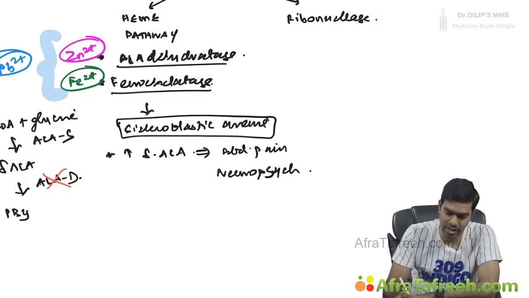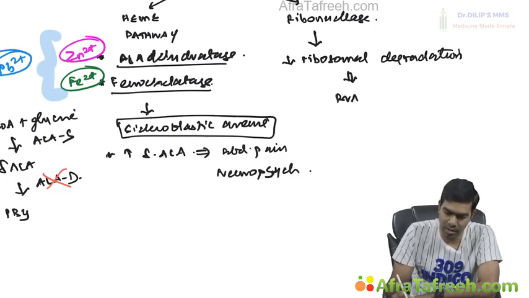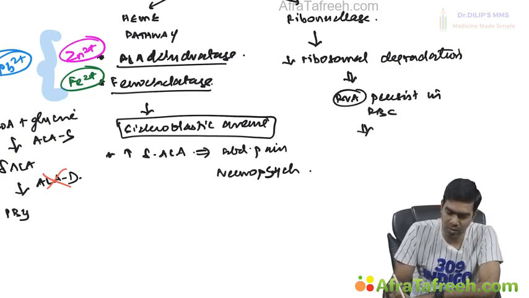Once lead denatures this ribonuclease, these ribosomes are not degraded. You are going to have a reduced ribosomal degradation, so the RNAs will persist within the RBC, and this is the reason why you get something called basophilic stippling.